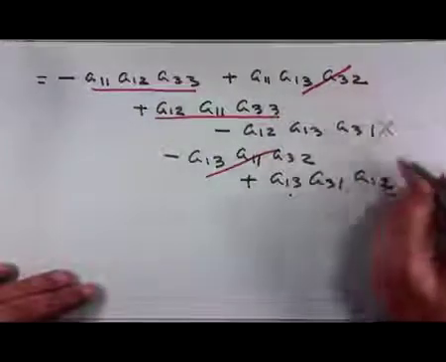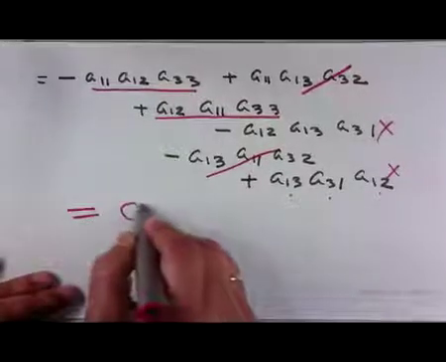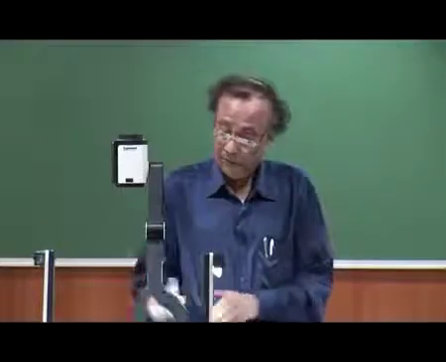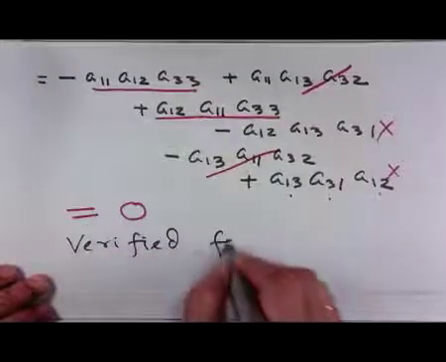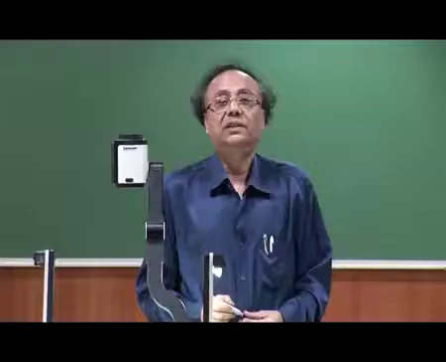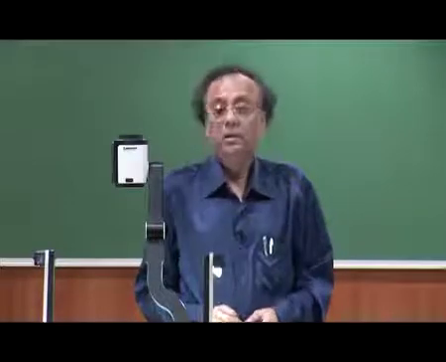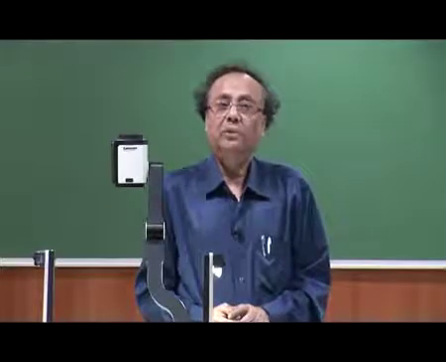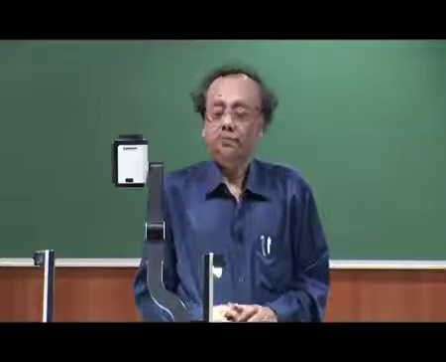Therefore, this also cancels. Therefore, this whole thing is equal to 0. So, I have verified this for P12. I suggest that you convince yourself by working out the other off diagonal elements and computing their values, which you will see will come out to be 0.